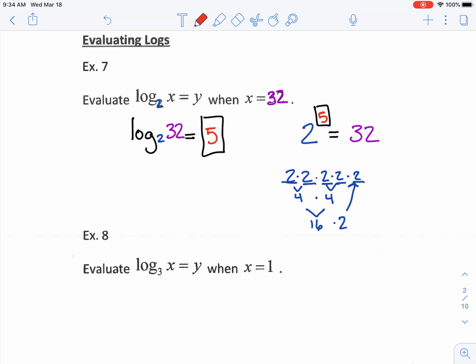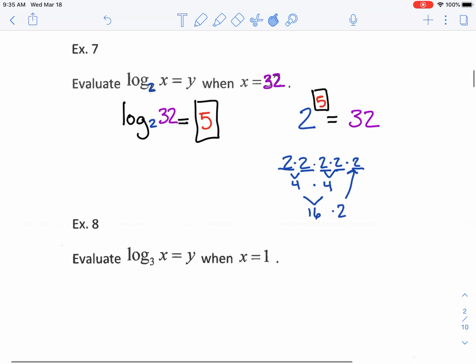Okay, so all I'm doing is my own little method of adding 2's on. Some teachers go and do 2 times 2 is 4, times 2 is 8, times 2 is 16, and they do it one at a time. I tend to start out with the pairs and try to do as many pairs as I can first. Okay.